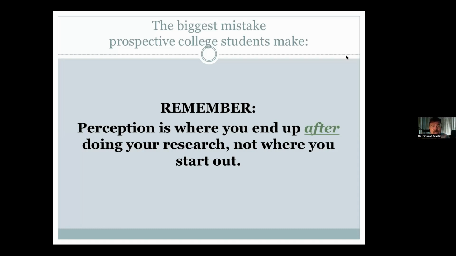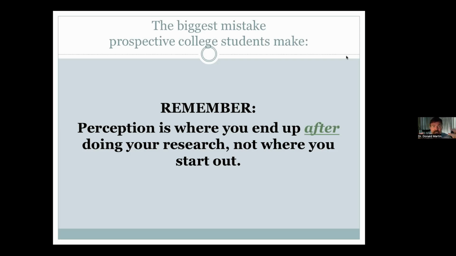Many people that I speak with have done no research at all. They already have their list of schools, but if I were to ask them, tell me about the class size of the institution you're thinking about. Tell me about the faculty-student ratio. Tell me about the campus. Tell me about student life. Tell me about what some students or graduates have told you about this program. They have nothing to tell me. They have no answers.